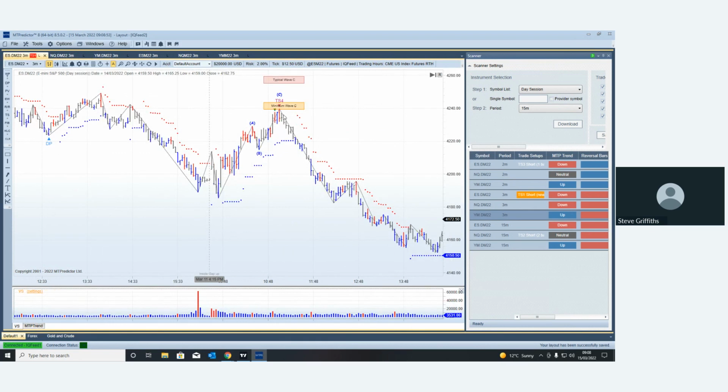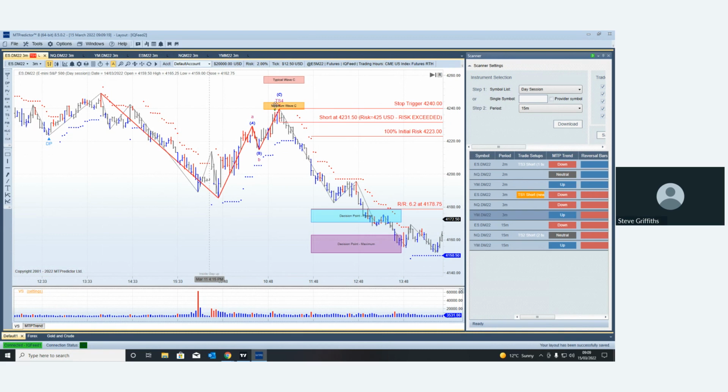In other words, this wave C was bigger than that last previous swing. So that's why I developed the TS4 setup, because the TS4 setup is an ABC correction that is a slightly larger degree.